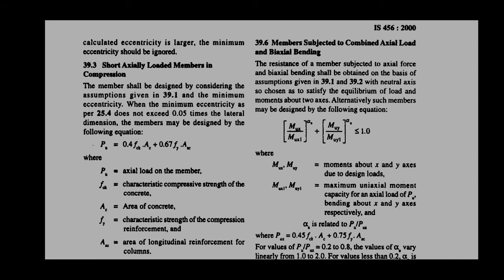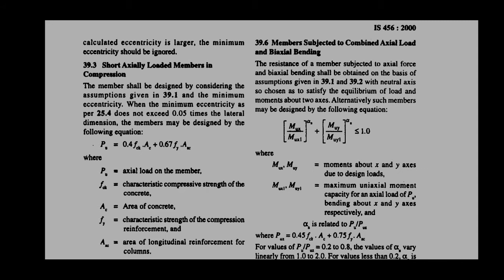Let's check out the assumption. The member shall be designed by considering the assumptions given in 39.1 and the minimum eccentricity. When the minimum eccentricity as per 25.4 does not exceed 0.05 times the lateral dimension, the members may be designed by the following equation.